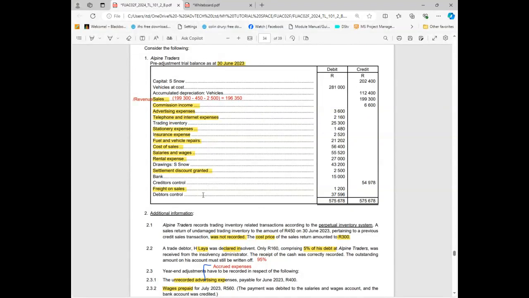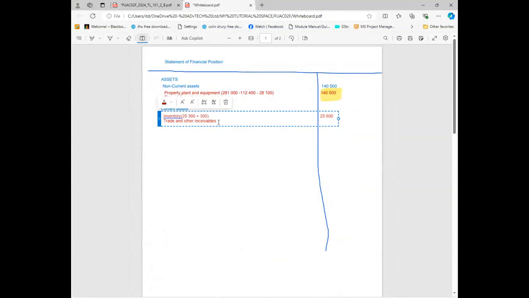Can you see it? So the 37,596.96, I'm going to put it in brackets here. That's the first one that I found. Check the formula that I just gave you there.